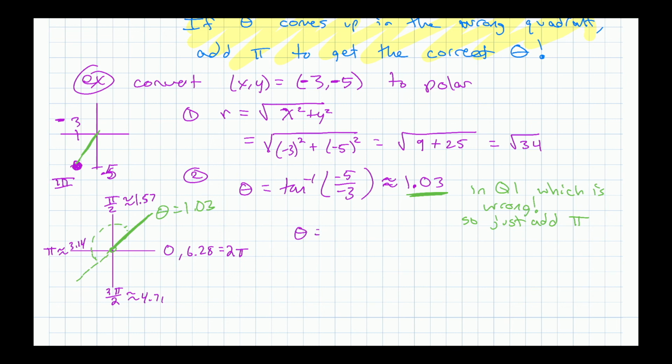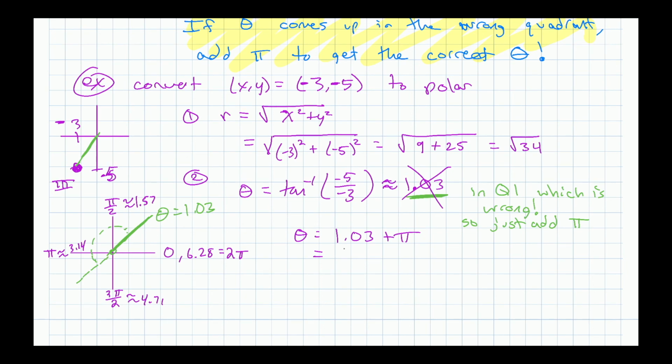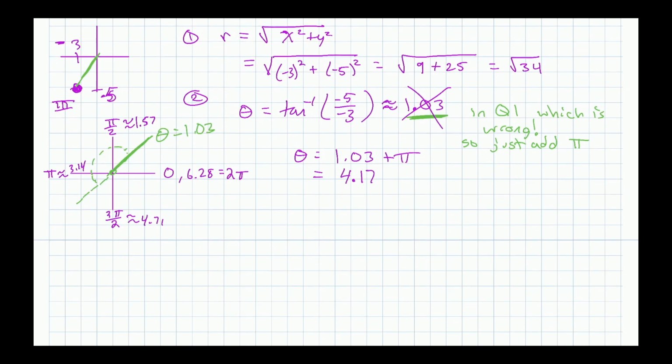And we're actually going to get theta is not that. It's going to be the 1.03 plus pi. So you get out a calculator. And it is 4.17, approximately, right? I rounded. So what's my answer?